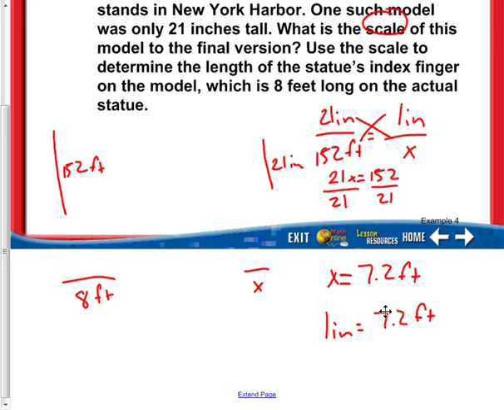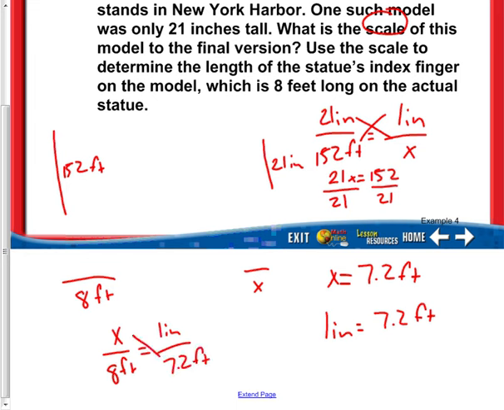So we can either use this scale, which we know here is an estimate, or we can actually go back and use the real measurements also. So since this is already down to 1, I'm going to go ahead and use it. So I'm going to say 8 feet. So I'm looking for x inches over 8 feet. And I know that 1 inch is 7.2 feet.